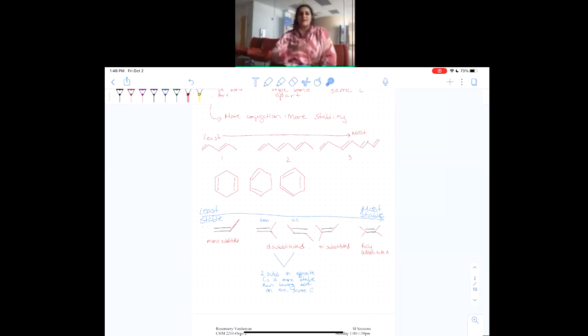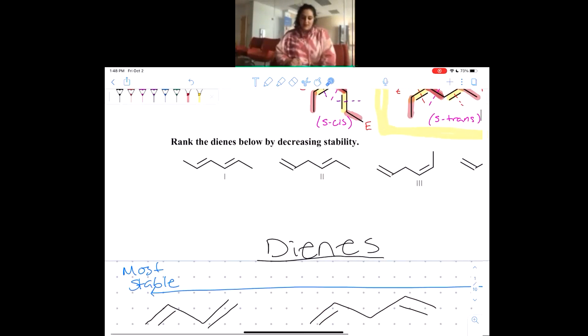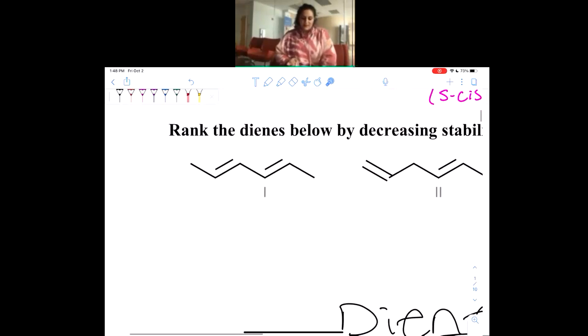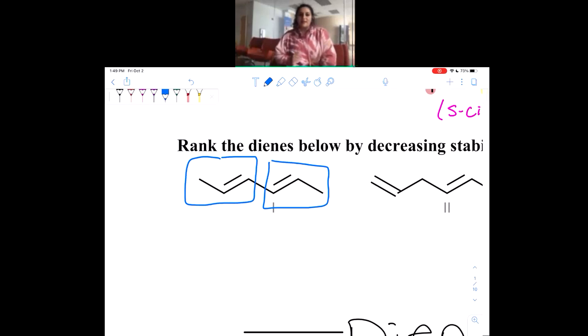So the conjugated system overall will be more stable in that case. However, if he gave you one of these dienes, and let's just focus on this one, because this is conjugated, but he asks you to compare the stability of this double bond to this one, then the substituents matter.